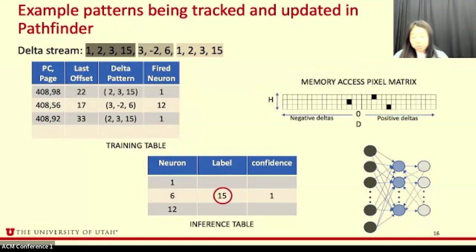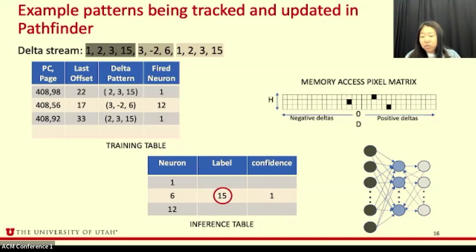What we are going to do is label it with the corresponding next delta that follows this pattern. Then the next time Pathfinder sees this same pattern showing up, we are able to make the correct prediction. Also, we initialize the confidence for this entry in the inference table of this neuron-label pair to 1.